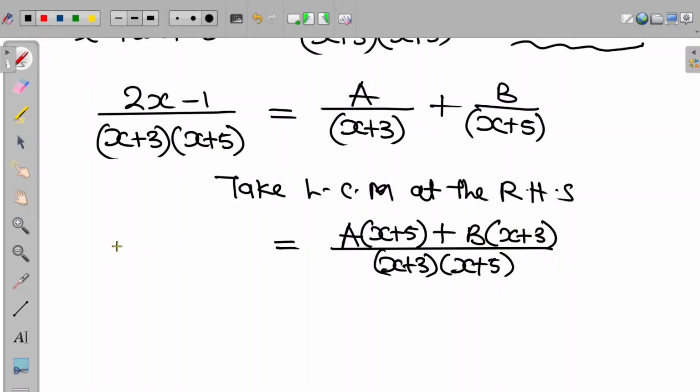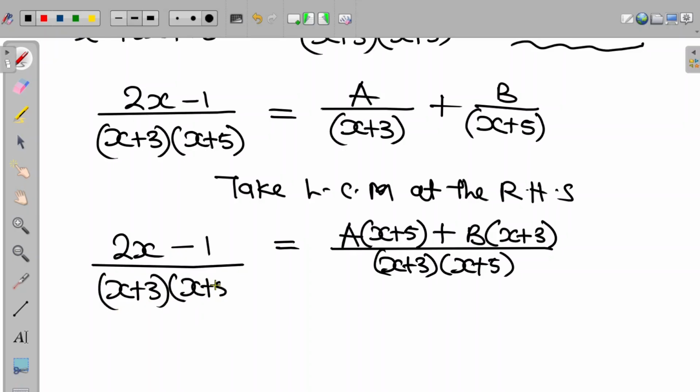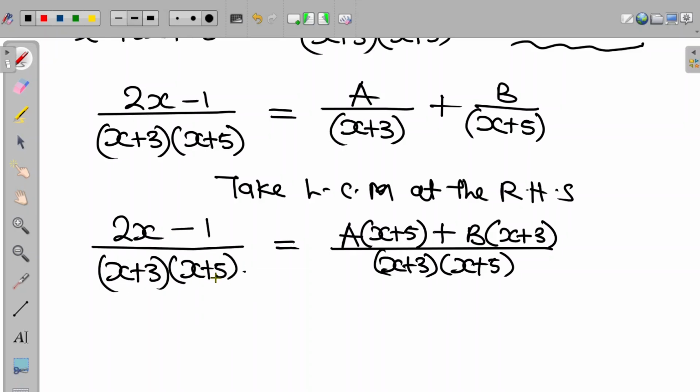Now, at the left-hand side, we have 2x minus 1 divided by x plus 3 multiplied by x plus 5. Looking at the left-hand side and the right-hand side, we can observe that their denominators are equal. Thus, we equate the numerators.